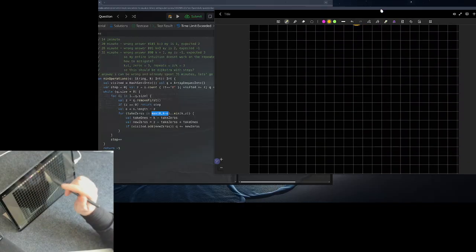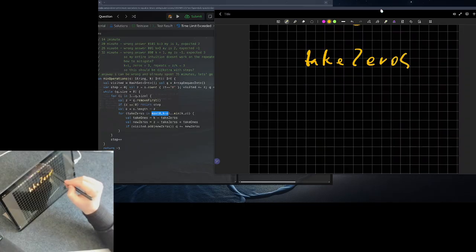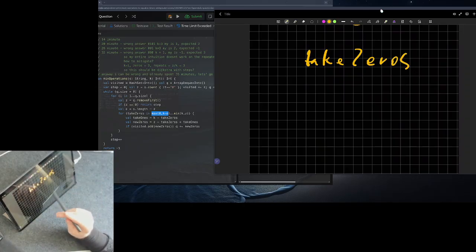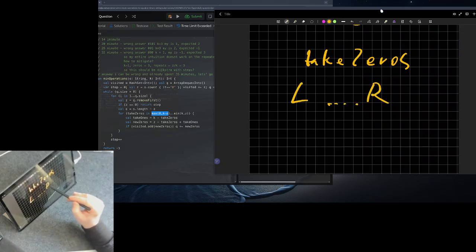So take zeros, this is one step of the breadth first search, is the lower and upper bound of how many take zeros we can have.